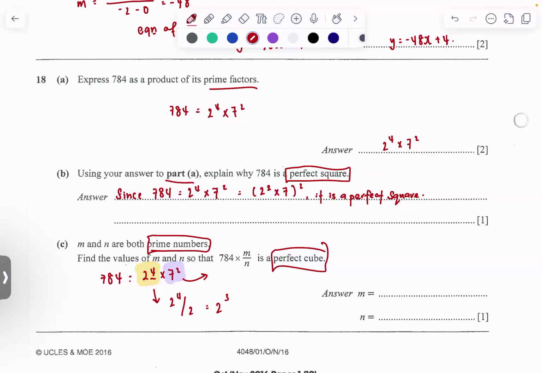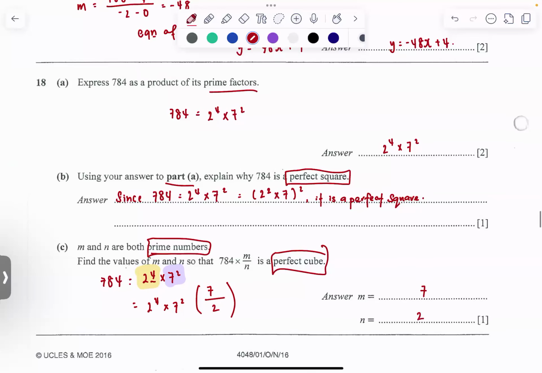Okay, so essentially, I need to multiply this whole entire term by 7 and divide this whole entire term by 2, there we have it, our M and N. So our M is essentially 7 and our N is essentially 2, right?